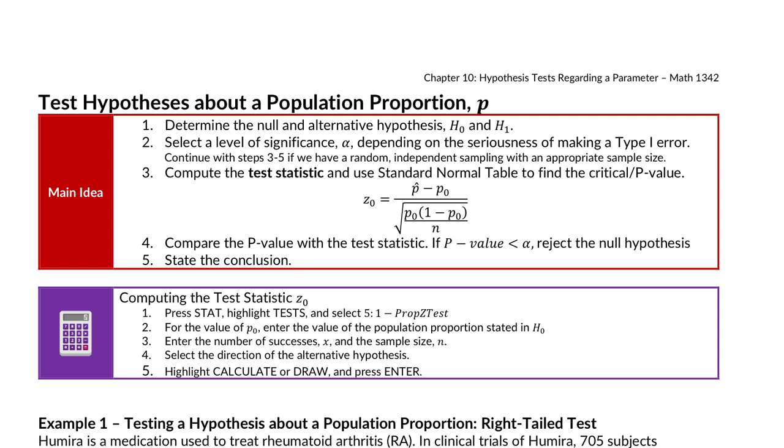If we have a random independent sampling with an appropriate sample size, we will continue with steps 3, 4, and 5. Step 3 is going to have us evaluate or find what's called the test statistic. And we're going to use the standard normal table to find the p-value. And just so you know, the standard normal table, that's your pink table for my class this year.